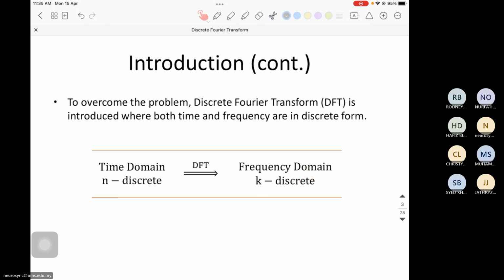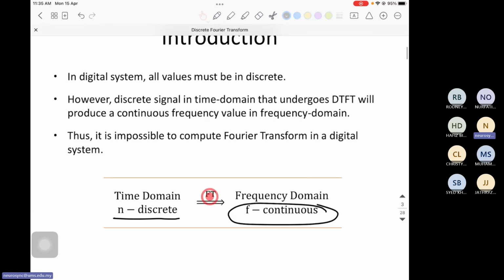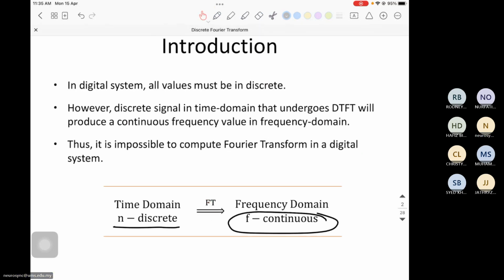Now what was the problem with respect to DTFT? In case of the DTFT, we produce continuous frequency values in the frequency domain.